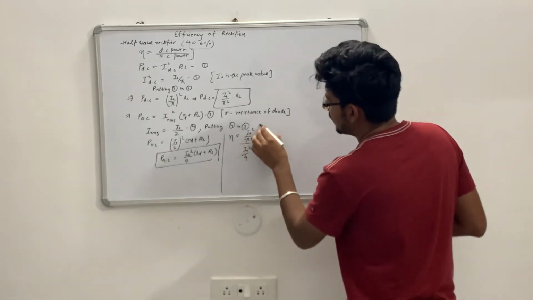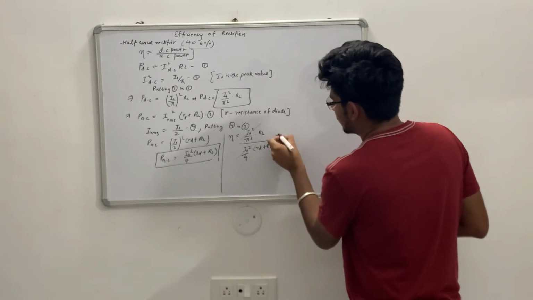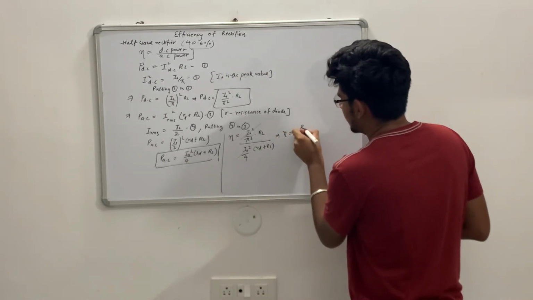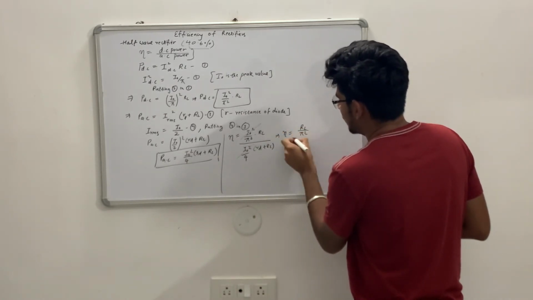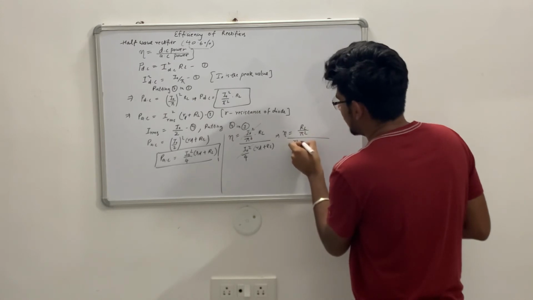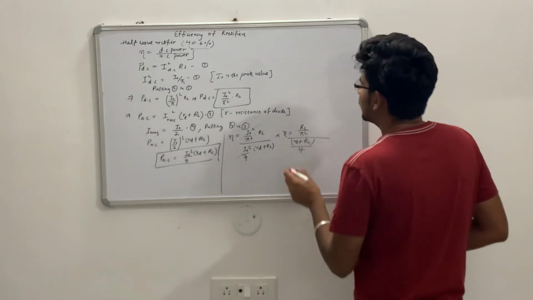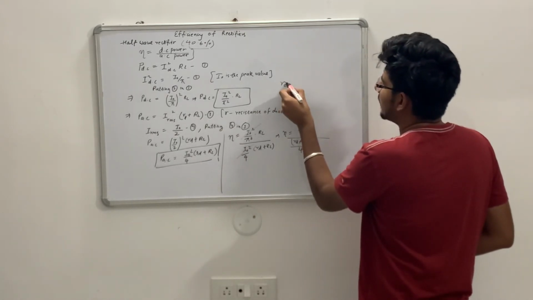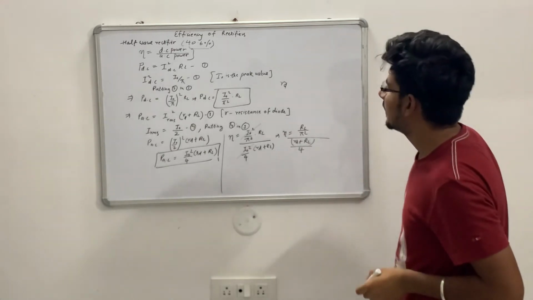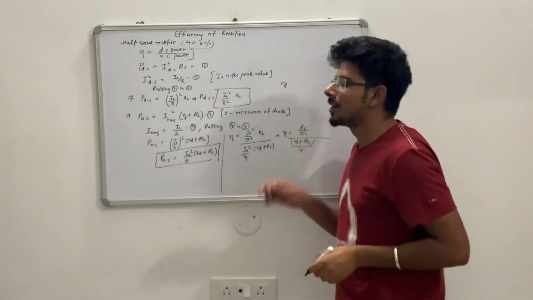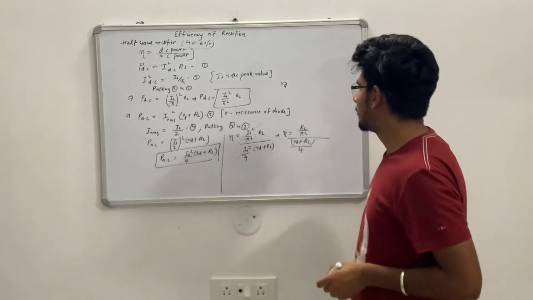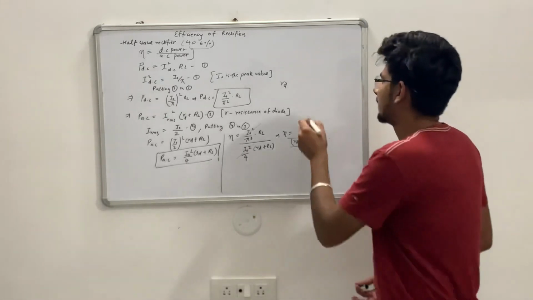This will be cancelled out. Efficiency will be RL divided by pi square, over RD plus RL divided by 4. Now one thing you have to note here, the value of small RD, the resistance due to diode, is very less in comparison to our load resistance.